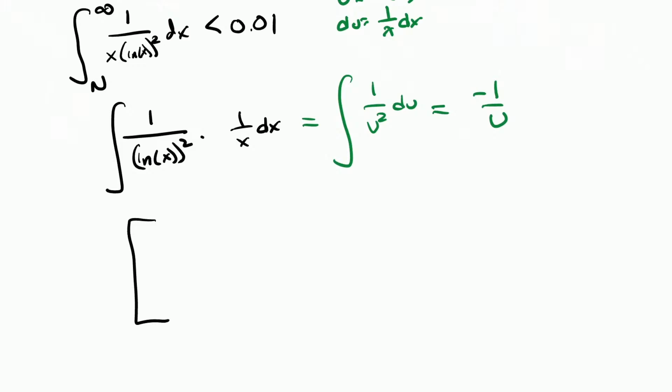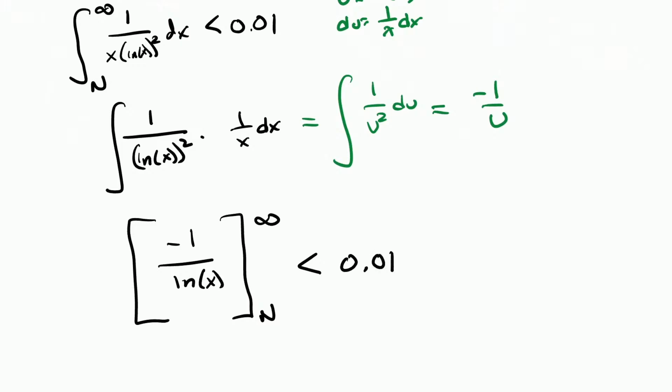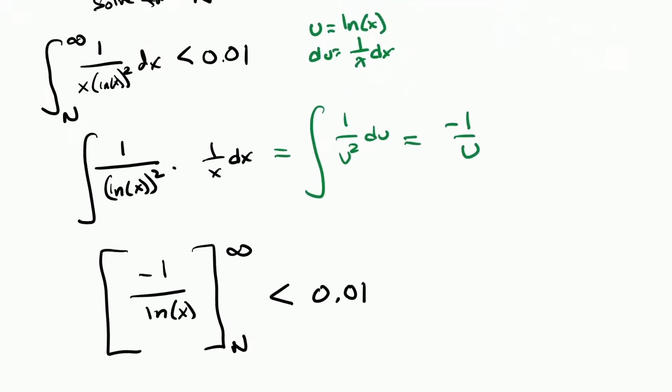And we get negative 1 over the natural log of x, evaluated from N to infinity, should be less than 0.01. So just pause for a minute and see what I've done here: I used substitution, and I've got my antiderivative, which I've written here. Now I'm going to plug in my limits, and I'm going to cheat a little bit and not write a limit here, but you know what this is.